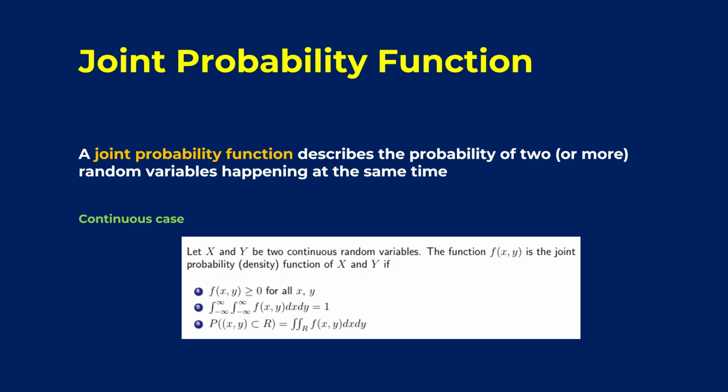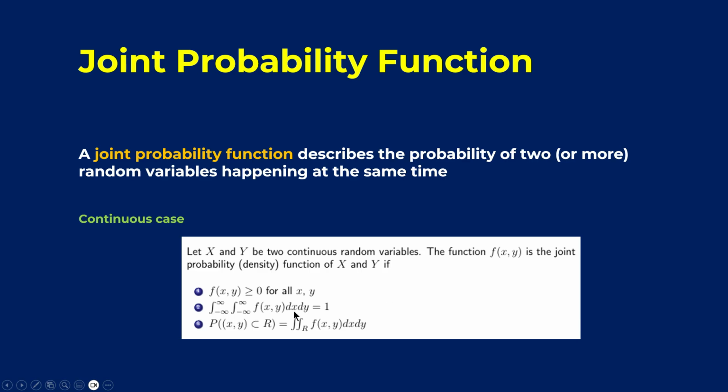Let's say we have x and y, and these are two continuous random variables. Then the function f is the joint probability density function of x and y if it satisfies these conditions. The first condition is that the value of f must be greater than or equal to 0 for all x and y.